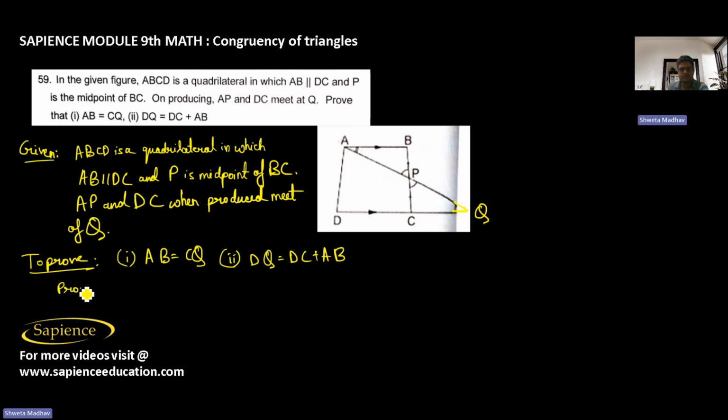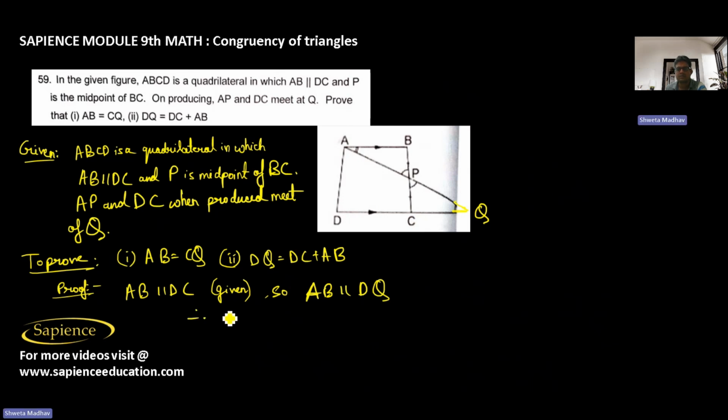So the proof is that it is a quadrilateral. Here we can see that AB is parallel to DC, which is given. So we can also say that AB is parallel to DQ also, since DQ is simply the extension of DC.